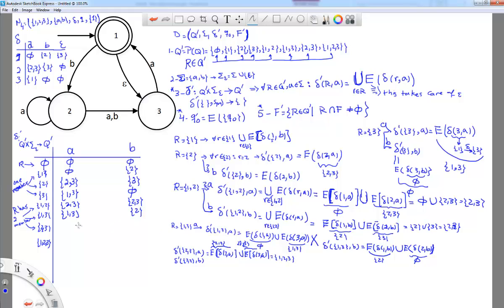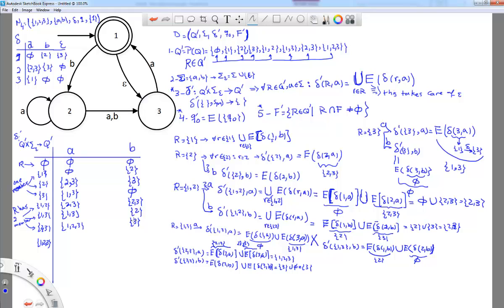Okay, so then this guy is going to be 1, 2, and 3. And with the B, I'm going to be basically doing the same thing, delta of 2 and B union with delta of 3 and B, which is going to be delta of 2 and B is 3, delta of 3 and B is phi, so the union of set 3 and empty set is going to be set 3. So this set is going to be set 3.